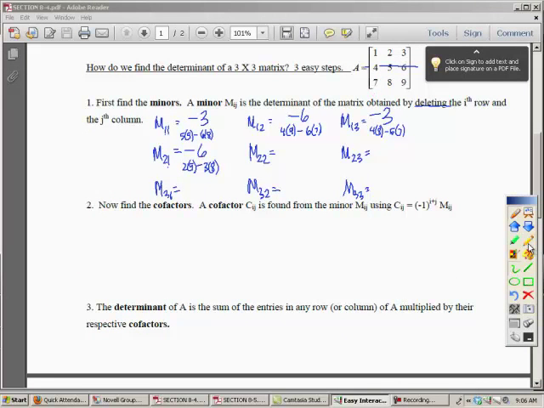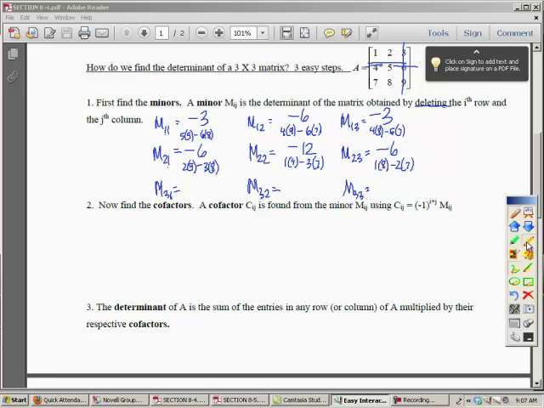So now I'm going to cross off row 2, and I get 1 times 9 minus 3 times 7, and you end up getting negative 12. Okay, and do it again. Cross off this one. And now I'm going to cross off column 3. So 1 times 8 minus 2 times 7, you end up getting negative 6.